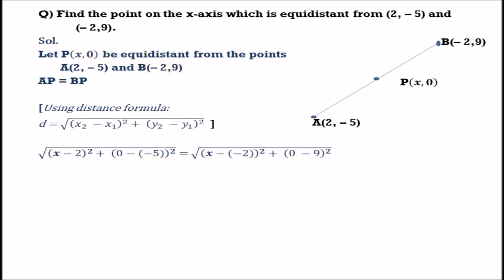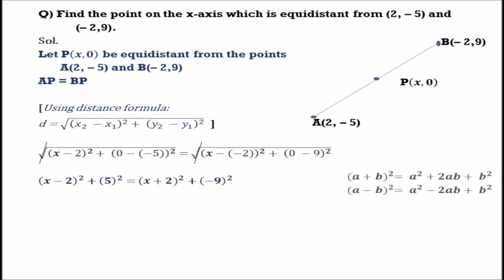Since there is square root on both the sides, we can cancel the square roots. Now we'll be left with (x minus 2) whole square plus (0 plus 5) square, equals (x minus -2), so the sign will change, (x plus 2) whole square plus (0 minus 9) whole square.